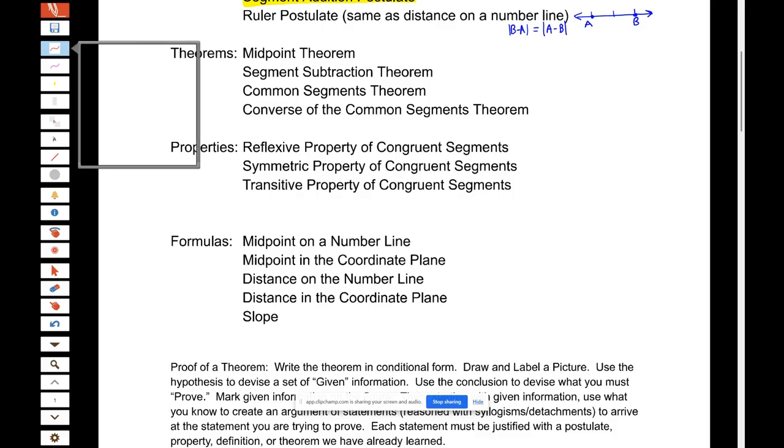The midpoint theorem, which we will be proving actually later in these notes, says that if M is a midpoint of AB, then it doesn't conclude that the two parts are equal. It concludes that each part is half of the whole.